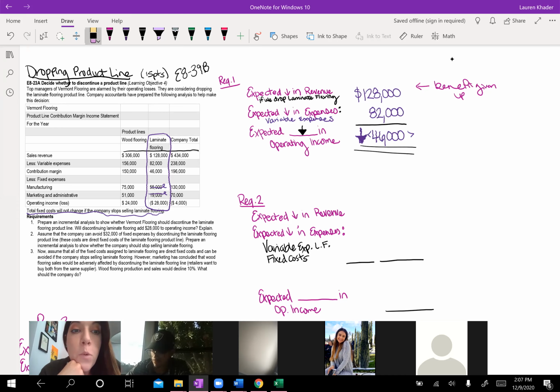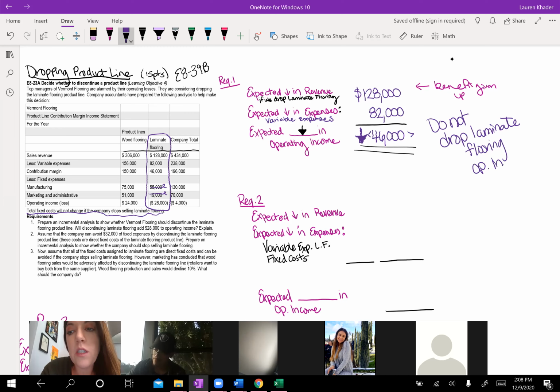So you're giving up more revenue than you're saving in expenses, so you would see a decrease of 46,000. So they should not drop the laminate flooring line. Operating income would decrease.